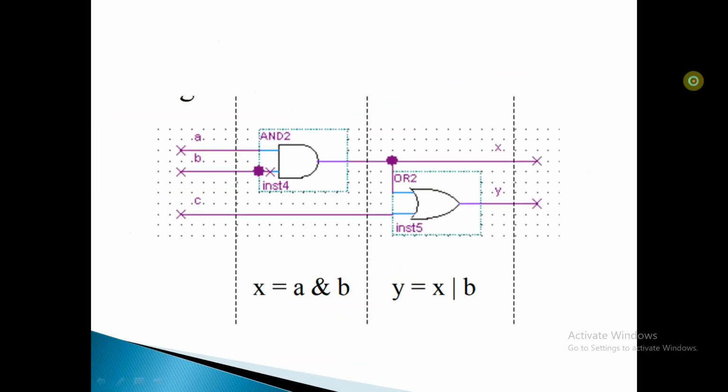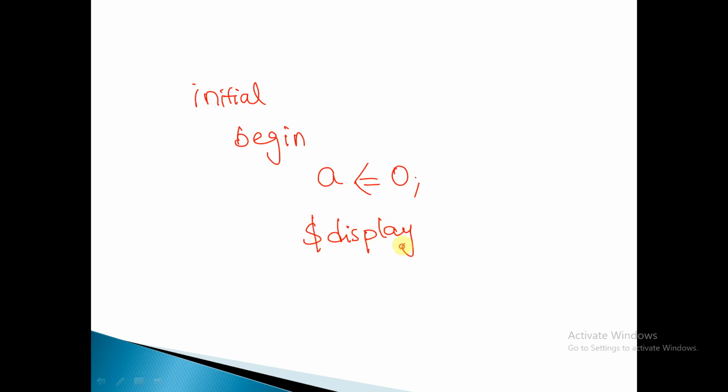Now, one question. What happens if I write initial begin, a non-blocking assignment of 0, dollar display a is percentage d comma a?